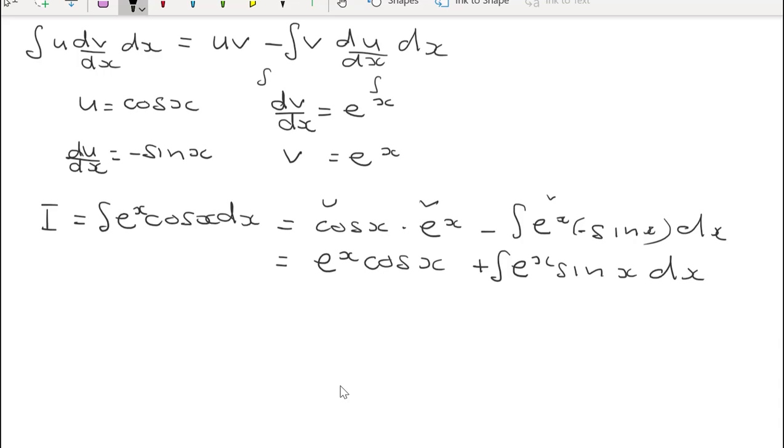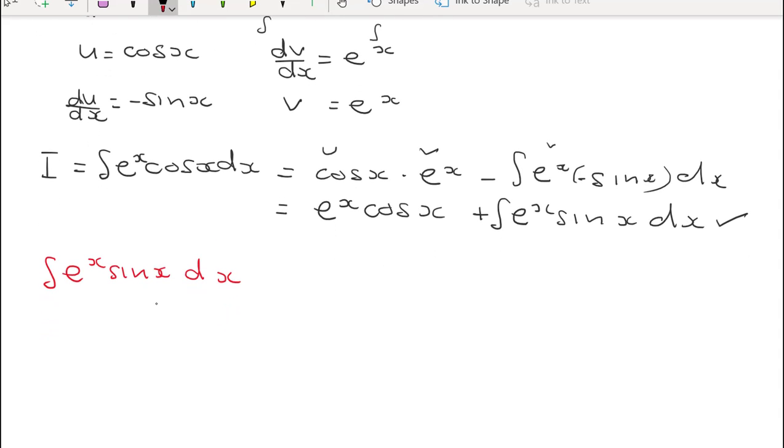Now we end up with another problem. We need to find the integral of this bit here. So this becomes the integral of e raised to the x sine x dx. Right, we're going to use integration by parts again.